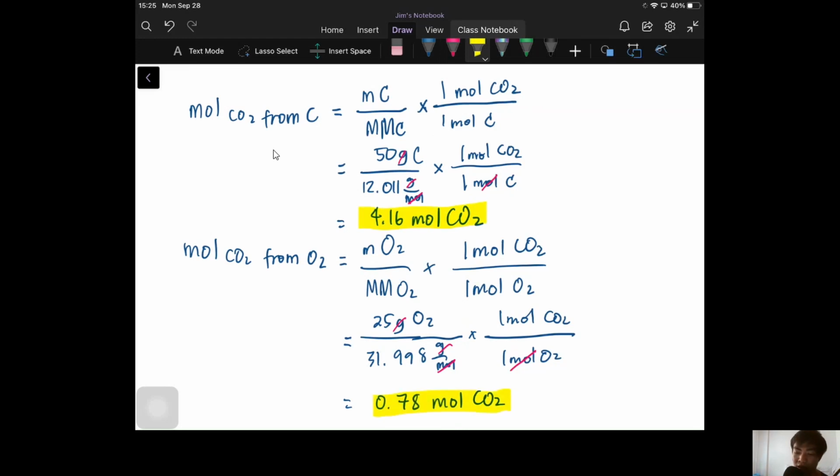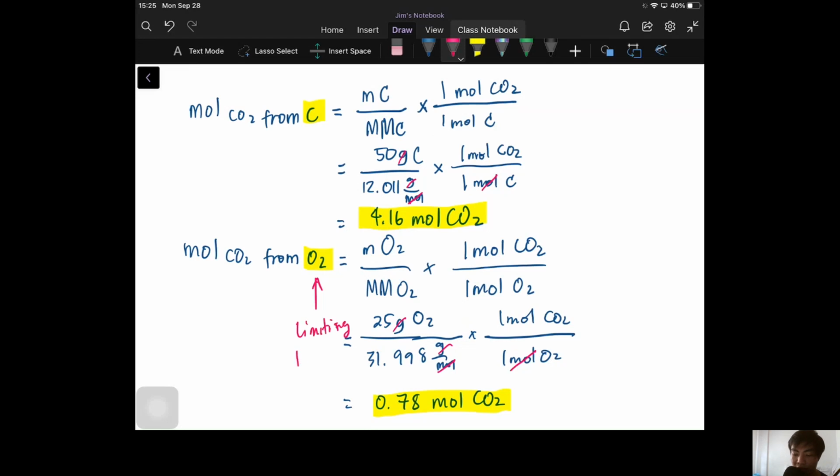With carbon, yan ay 4.16 moles ng CO2 ang kaya ma-produce. For oxygen, hanggang 0.78 lang yung kaya. So the question is, sino yung limiting reagent? Obviously, your O2 is the limiting reagent.